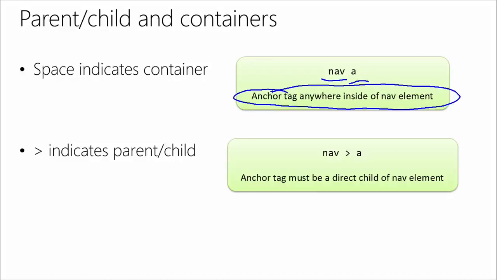So I've got a nav element, inside of there's an anchor, and it's only going to apply to an anchor that's inside of a nav bar. If, however, I add in that little angle bracket, and it's subtle, but it makes a huge difference, then the anchor tag must be a direct child of, in this case, nav.